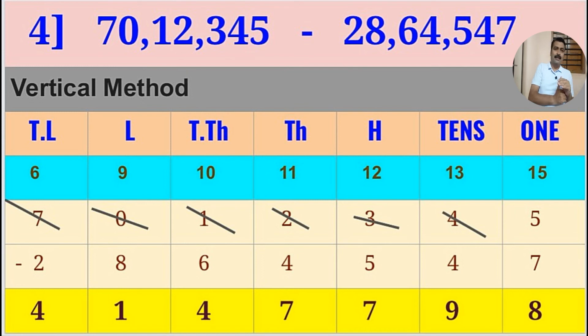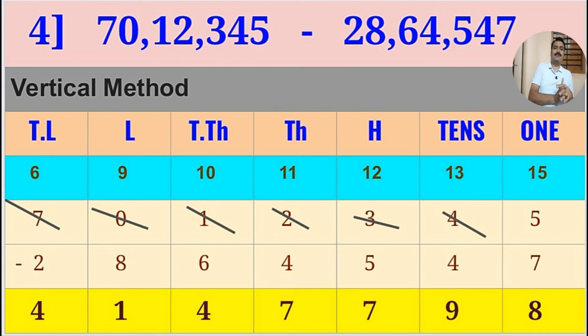Starting from 7 at ones place, 7 we arrange below 5 in ones, 4 below 4 in tens column, 5 below 3 in hundreds column, 4 below 2 in thousands column, 6 below 1 in 10,000 place column, 8 below 0 in lakh place column, and 2 below 7 in 10 lakh place column.